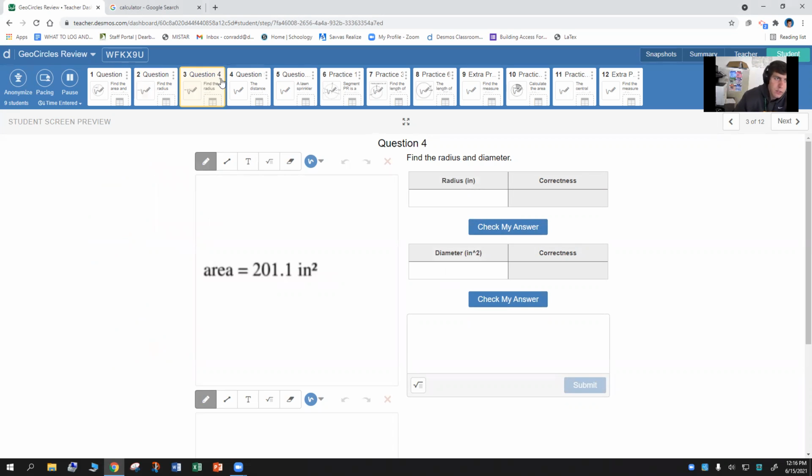All right, slide 3 here. Area is 201.1. Again, we want the radius and the diameter. So we're going to use the area formula. Area is pi r squared, so 201.1 equals pi r squared. Here we're going to divide both sides by pi.